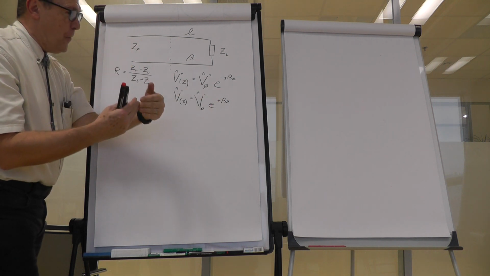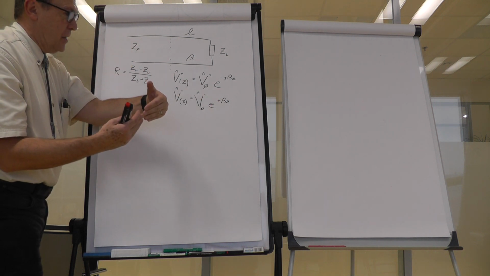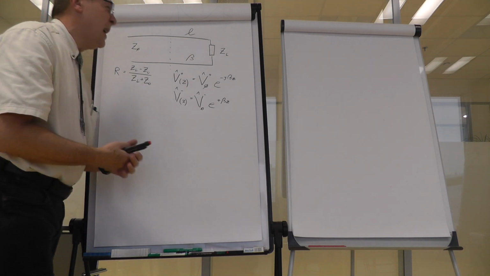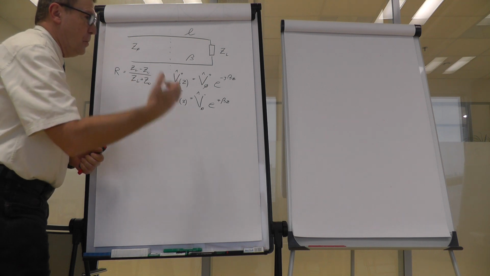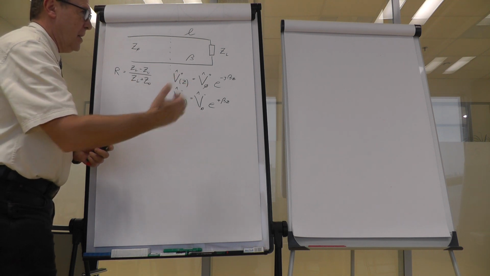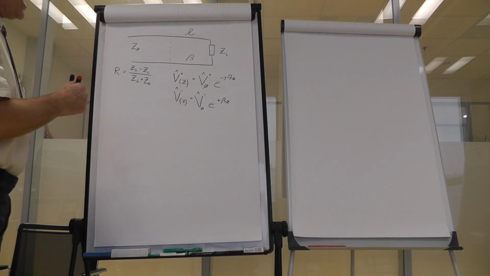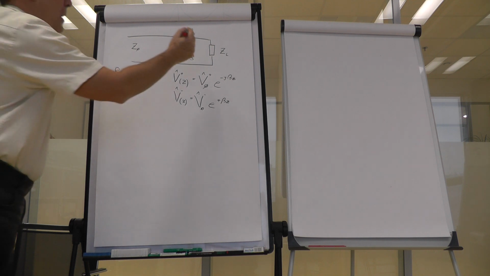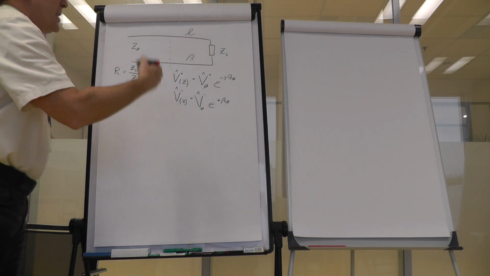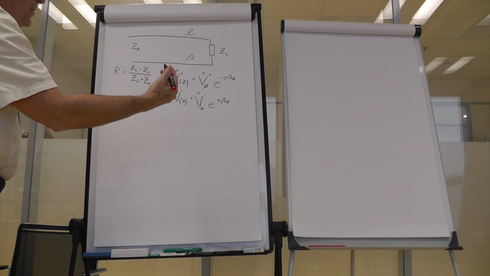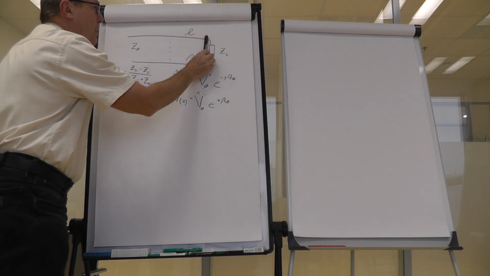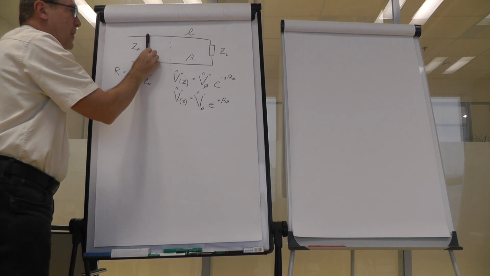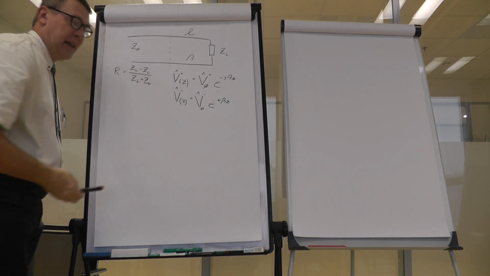So the phase shift between those two waves is changing by 2 beta z. So in fact, if we have a load with some reflection, then this reflection would be observed with different phases along the line. This is strange.